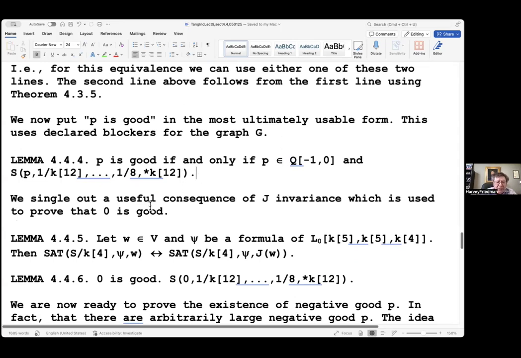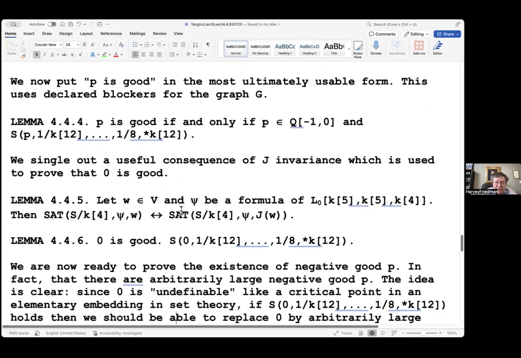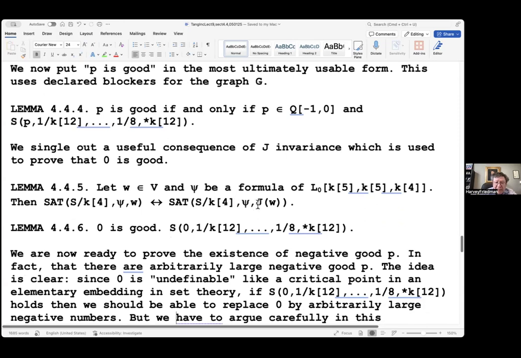All right, now I get a little technical about zero is good. I mean, we kind of argued that zero is good is trivial, but now we can put more details on it. J is the mapping in the statement we're reversing.